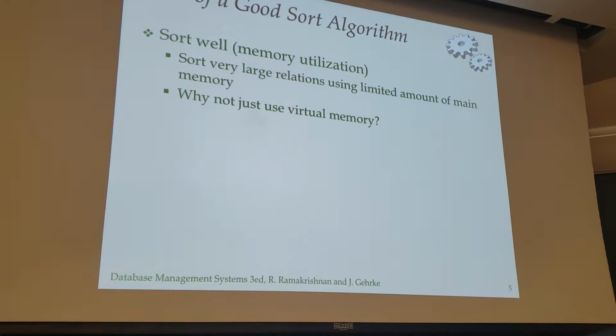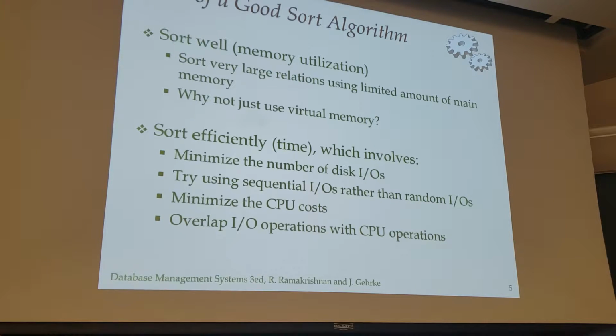But the operating system, for example, may be taking advantage of LRU and getting rid of pages just because you need them. So virtual memory is not the best way of doing this, but you can do it, but it may not be using memory well. It may have more reads from your persistent storage, even if it's SSD, than you would need if you were more clever about it.